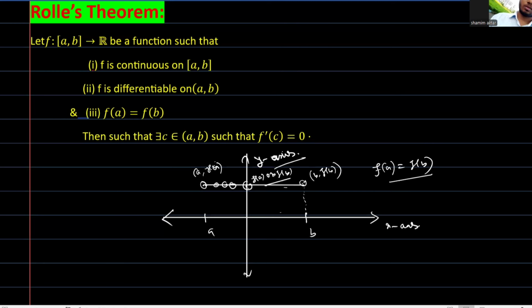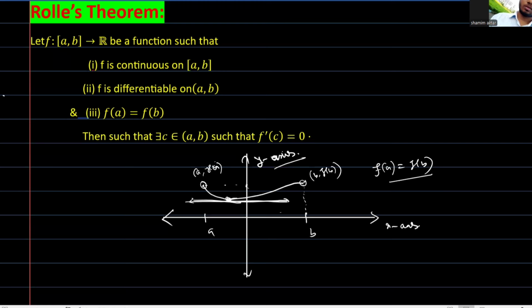Or the second case is possible. Suppose the function is not a straight line; the graph of the function is not a straight line. Here the endpoints are the same, so any function starting from here must bend at some point. Here the tangent at this point is parallel to the x-axis.